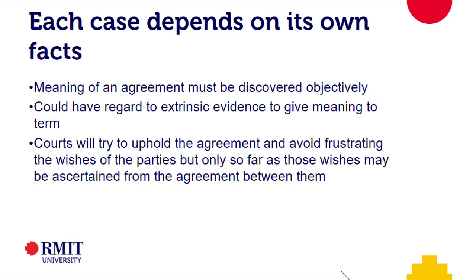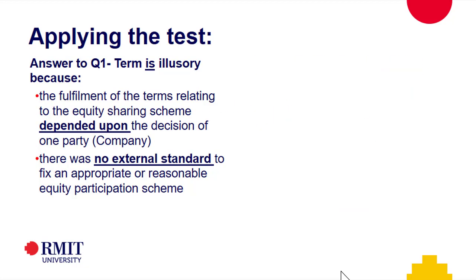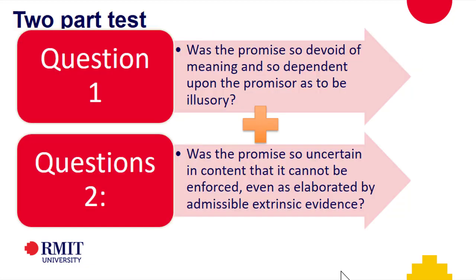So, can you go to that two-part test? Yeah. So, was the promise void of meaning? And then, was the promise so uncertain in content? What if you've got one of those? Well, if the answer to the first one is yes, then we need to ask question 2.